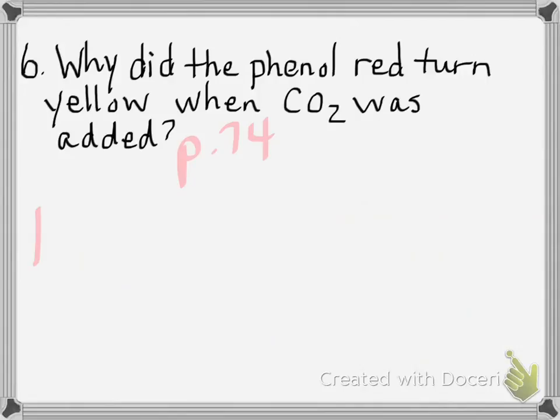Okay, well, we started with water in a beaker, and then I gave you a straw, and I told you you had to blow in the beaker. What gas did you blow in the beaker? And what did you make in the beaker? It's an acid.